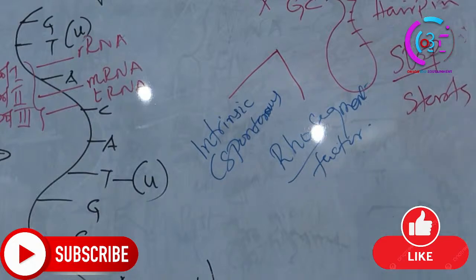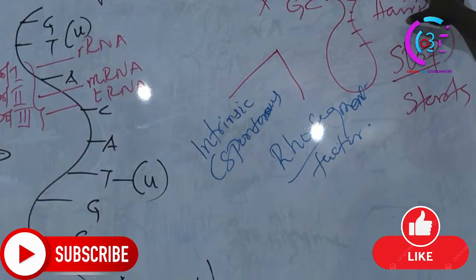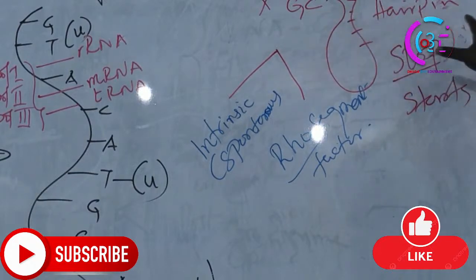But you should not forget that termination takes place when the RNA polymerase has encountered the terminator region, and this termination can either be intrinsic or extrinsic, that is, dependent on encountering rho factors.